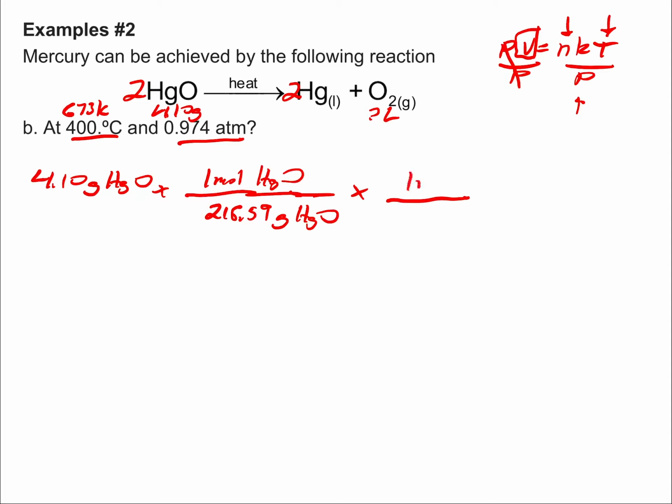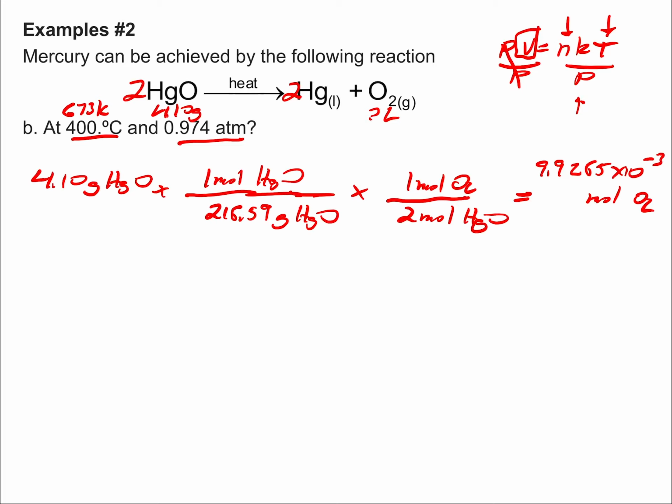For every 1 mole of O2, that's going to be 2 moles of HgO. The reason I'm only going to the mole-to-mole ratio is because this will give me my moles of O2, which I need for the ideal gas law. I don't have to go beyond that. I plug this in my calculator, and I get 9.9265 times 10 to the minus 3 moles of O2.